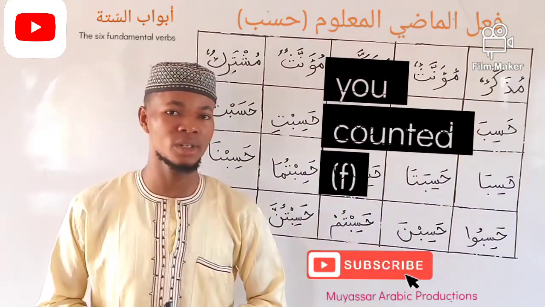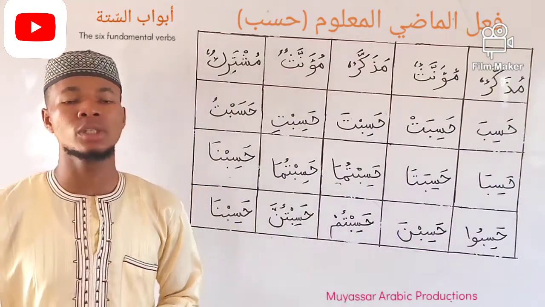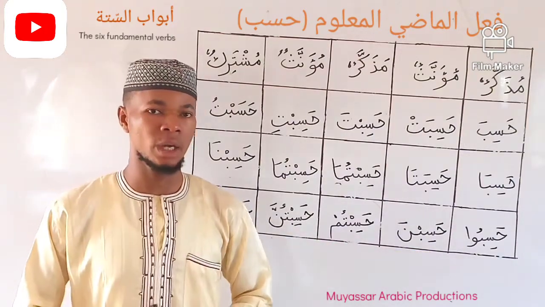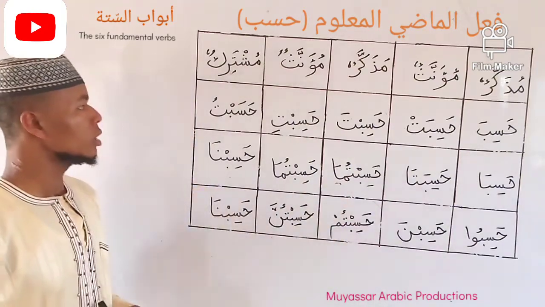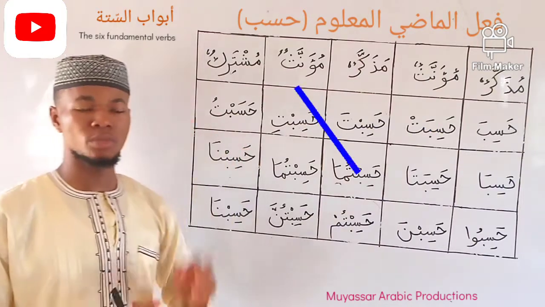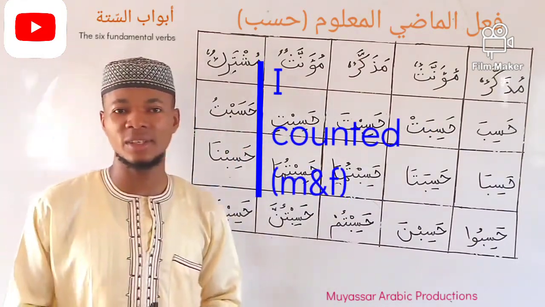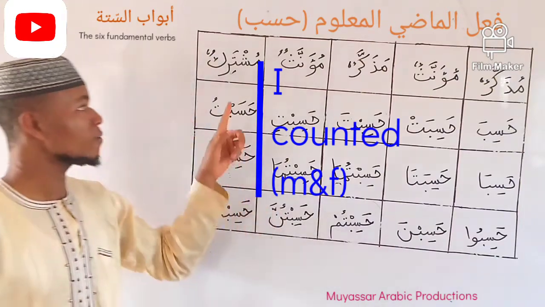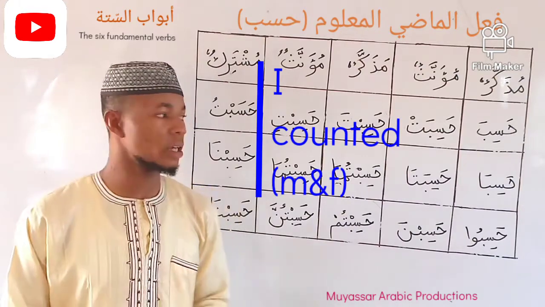So in Arabic language, when you want to say you counted, referring to a male, you will say hasibta. Then when you are referring to a female, you say hasibti. Then the next is hasibtu, meaning I counted, for both the masculine gender and the feminine gender. So here we have mushtarik, for both the masculine gender and the feminine gender.